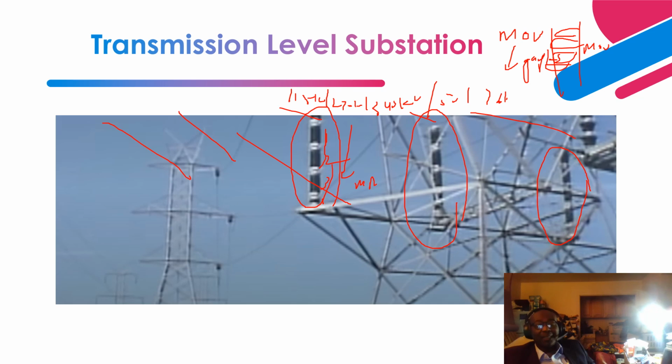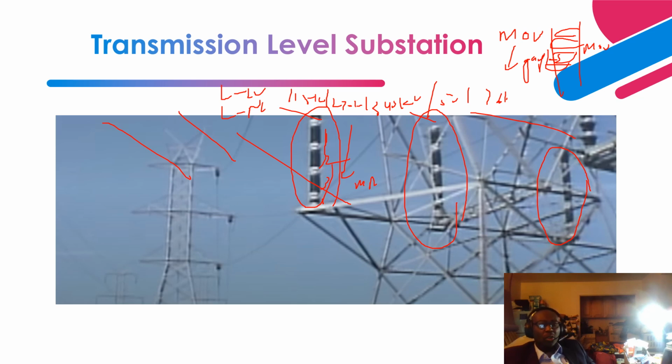That is how the stacks are built, based on the line-to-line voltage and the line-to-neutral voltage, to achieve the maximum continuous operating voltage of the surge arrestor.